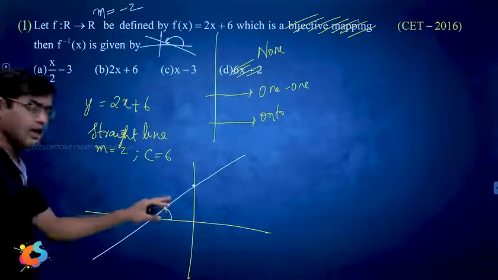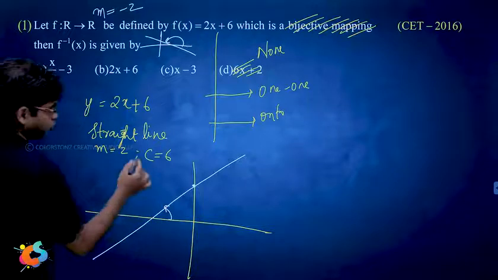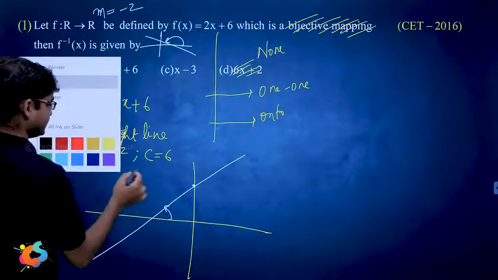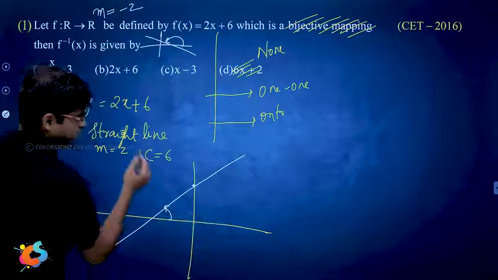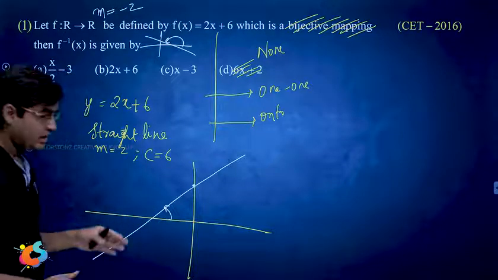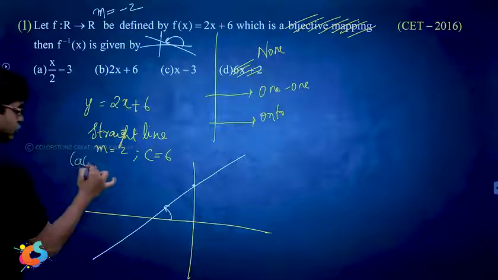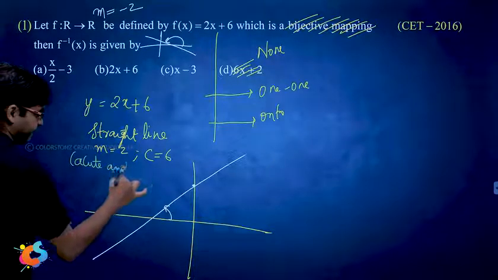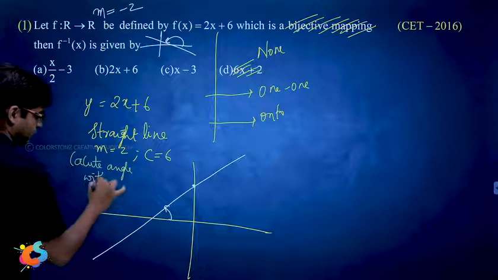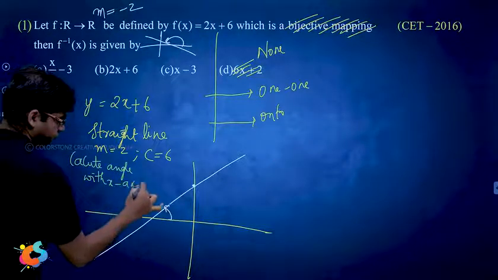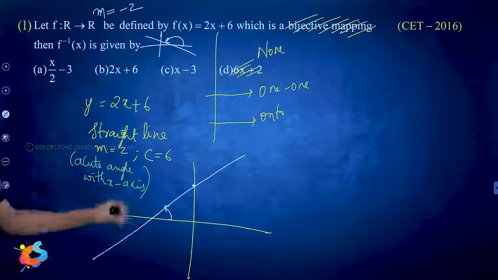Here it will be acute. So maybe there will be a doubt: why can't we draw like this? Then also y-intercept is 6, perfect. But the slope is positive, so therefore acute angle with x-axis. Perfect. Now we have the graph.